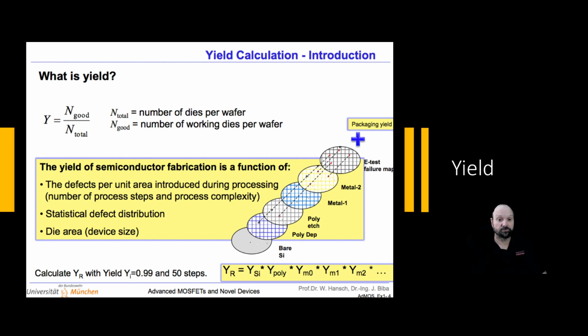But when you make something smaller, it's harder to make, so you may lose more chips or your yield may go down. But then think about it: 90% at 100 possible die per wafer is 90 good electrical chips, and 90% at 50 chips per wafer is 45 chips per wafer.